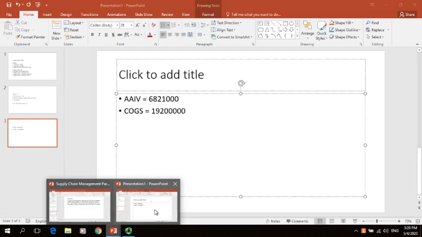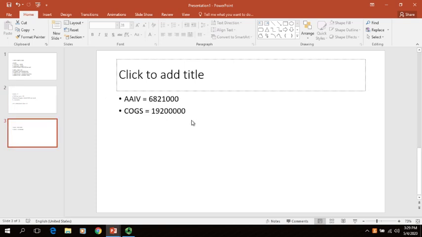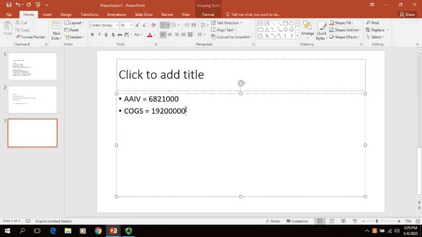Number of weeks of supply is AAIV divided by the cost of goods sold per week.